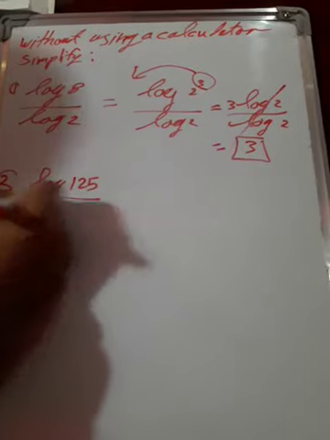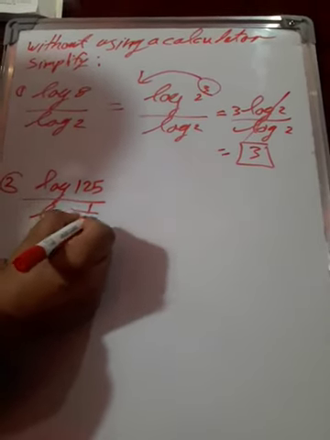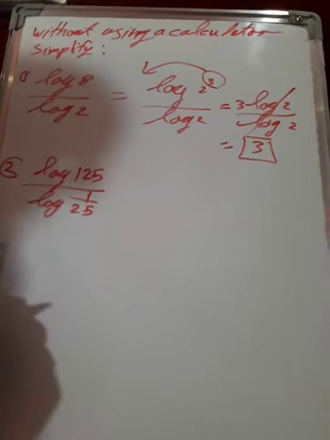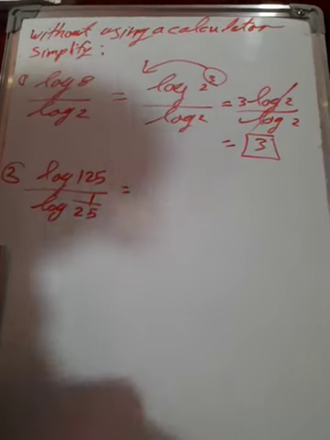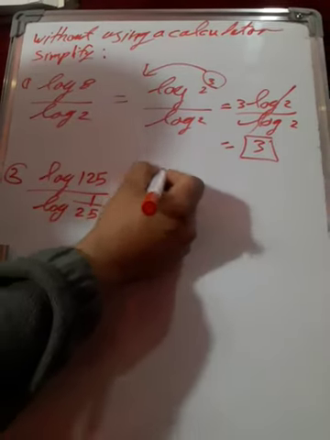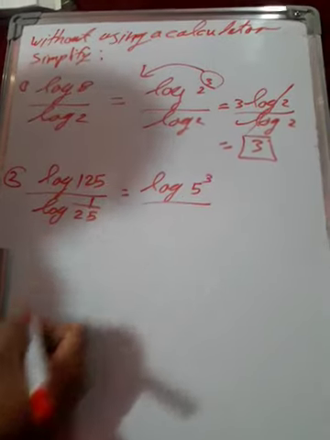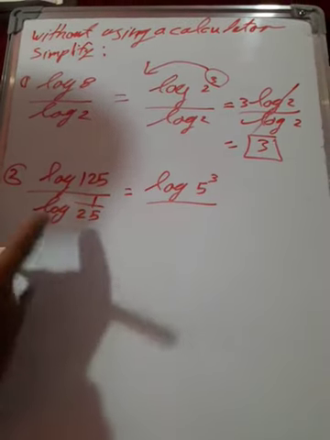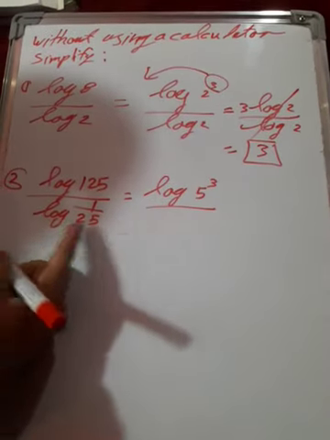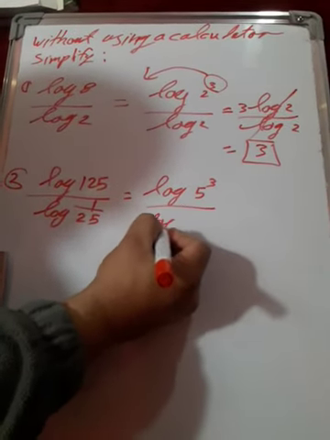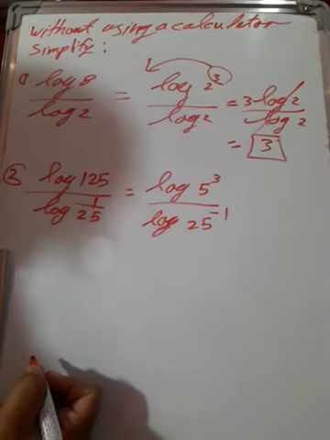Another example, I can write logarithm 125 over logarithm 1 over 25. As you know, I can write 125 as 5 to the power 3. And here, I have two choices. First, I can write logarithm of 25 to the power minus 1.